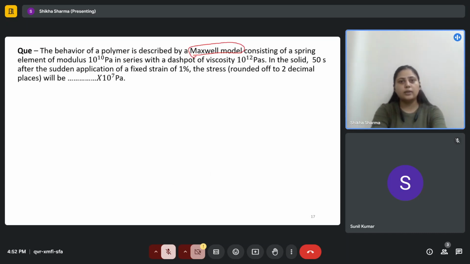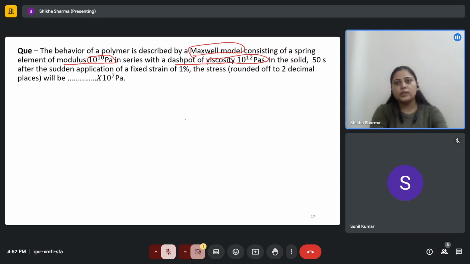It is saying that one polymer behaves like a Maxwell model, having one spring with a modulus of 10 to the power 10 Pascal in series with a dashpot having viscosity 10 to the power 12 Pascal second.